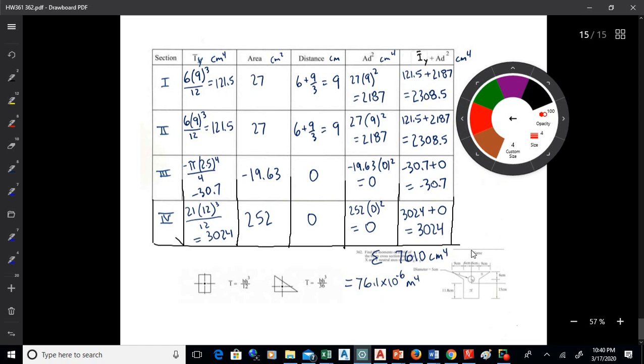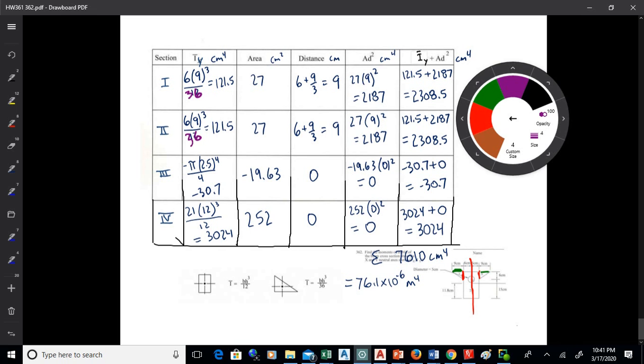So if you're finding the moment of inertia about this y-axis, you'll define the base with that dimension there being parallel to it. So that's 6. The height then would be perpendicular to the axis, which would be 9. So 6 times 9 cubed over, and I have a typo there that says 12, but it ought to say 36. And I think the answer is good. I think I just have a typo on what I wrote up there.